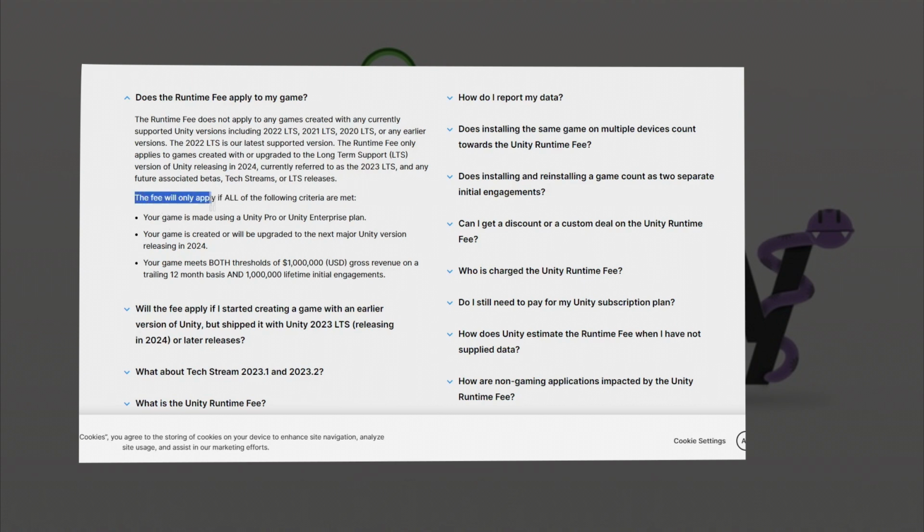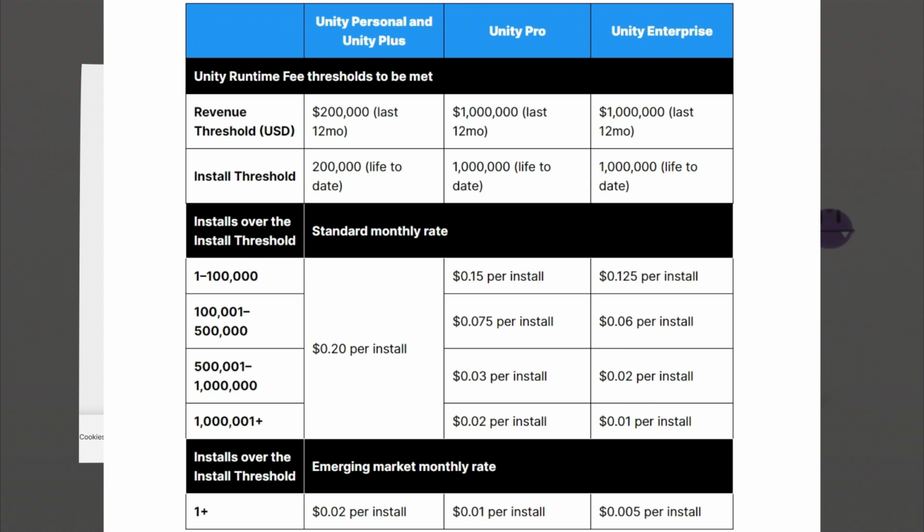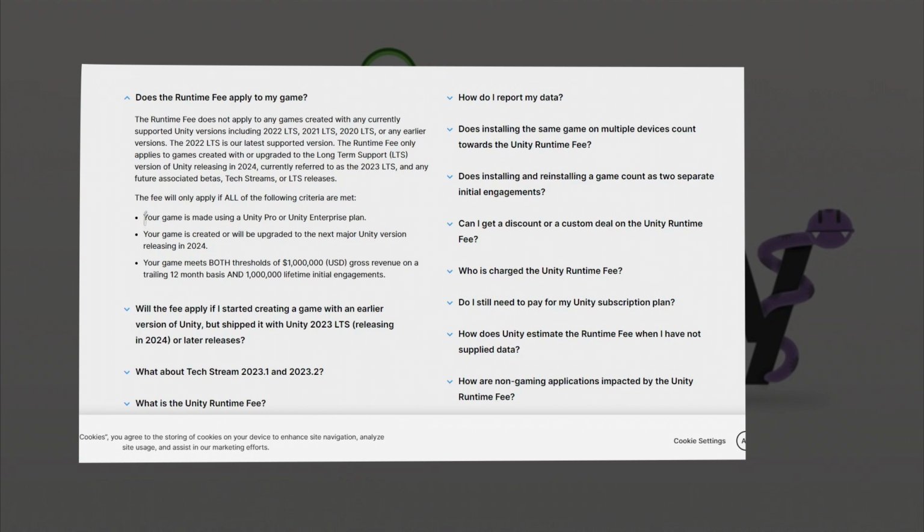Also, the runtime fee will only apply if all of the following criteria are met. Previously it was a really bad pricing system. Now if you are using only the Unity Pro or Enterprise plan, only then the runtime fee will apply, which is amazing. Also, along with that, you will have to use the upgraded versions, the 2024 versions or 2023 LTS versions, as they are currently referring to it.